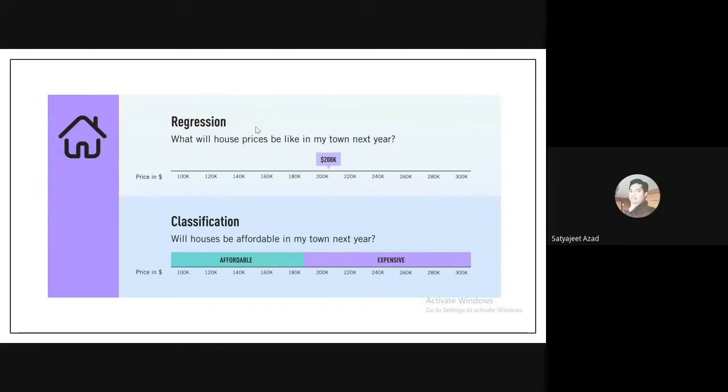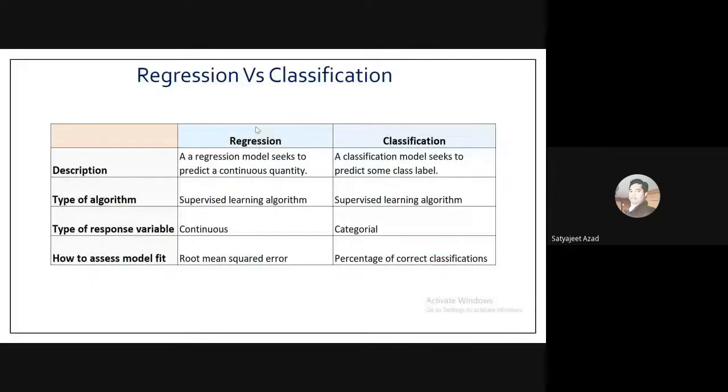Now, regression and classification have some differences. One of the most important aspects of logistic regression is that your target variable must be categorical.